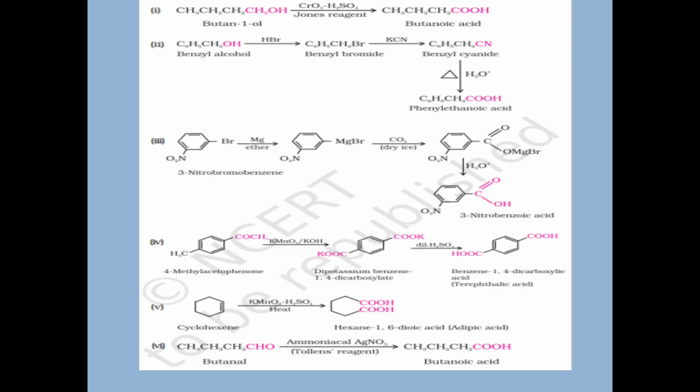First one here, given the Jones reagent, CrO3 H2SO4, will give butanoic acid. Benzyl alcohol with HBr will form benzyl bromide. When we give KCN, cyanide addition, and after hydrolysis of the cyanide it will give carboxylic acid.